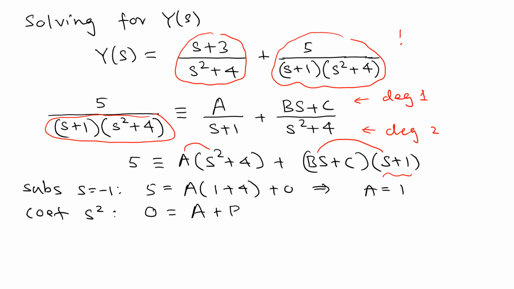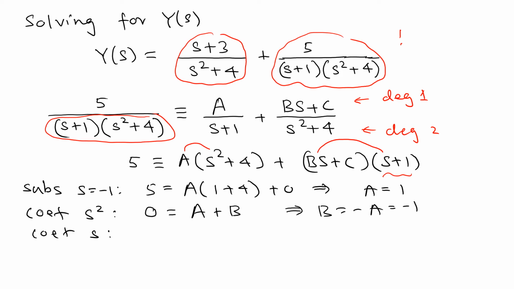You really don't want to expand this and waste your time, because you can just think about how you get it. You don't need all the terms, you only need some terms. Since we know the value of A, you can find b, which is just the negative of A. So b equal -1.